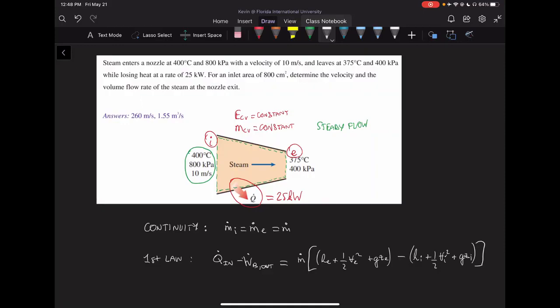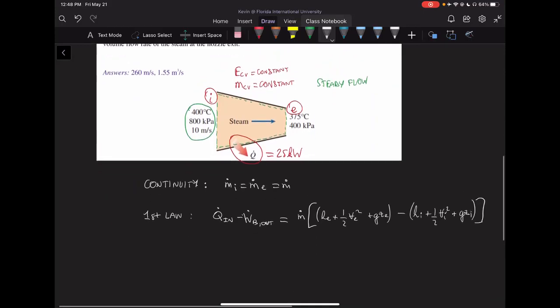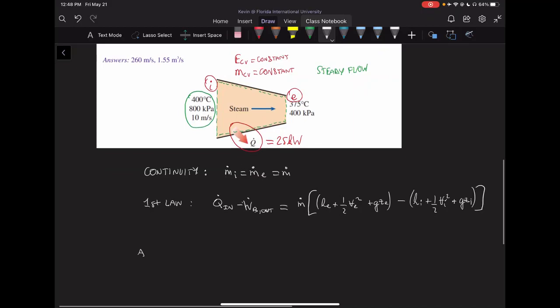Now we have this equation, and now we can make some assumptions about our system. The assumption is that we have a steady system, so that's why we used the first law. But there's another assumption that we can make, and that is that delta PE is equal to 0. We're assuming that the entrance and the exit are on the same level, therefore the change in potential energy is 0.